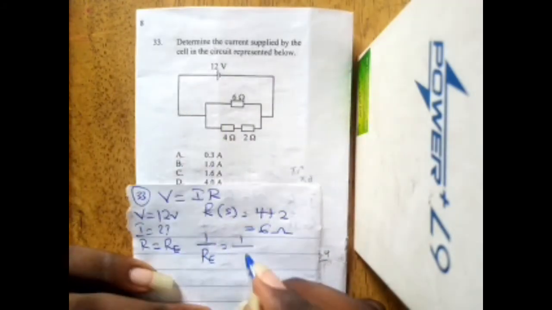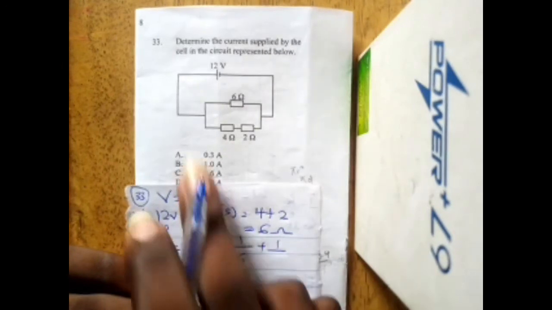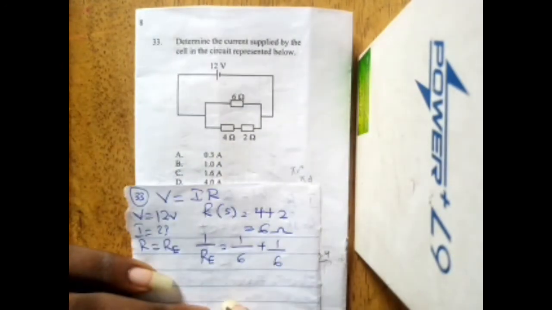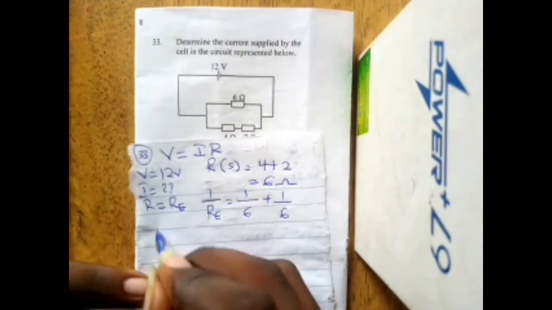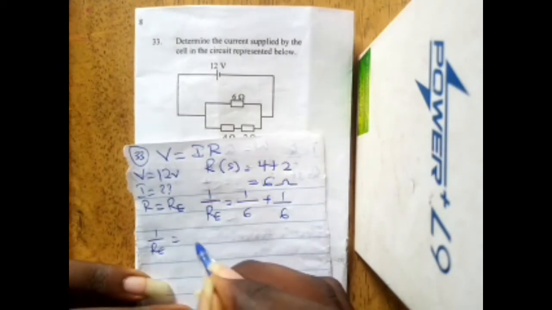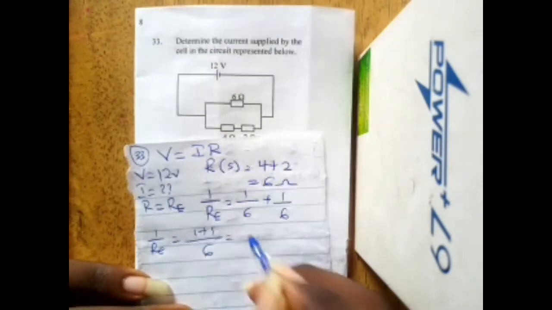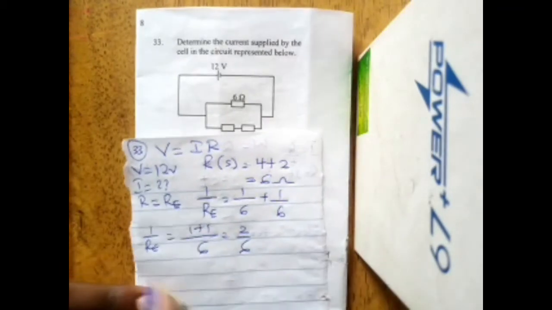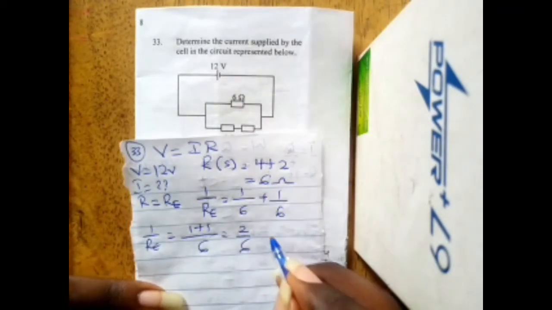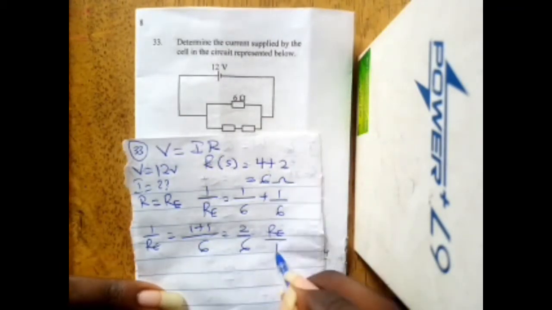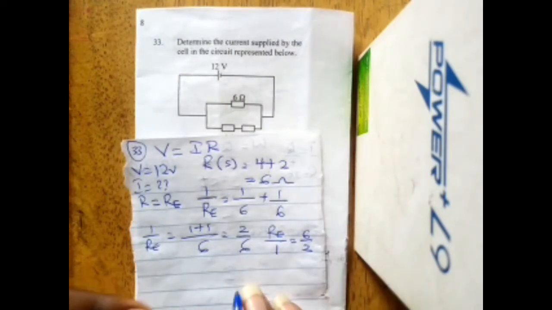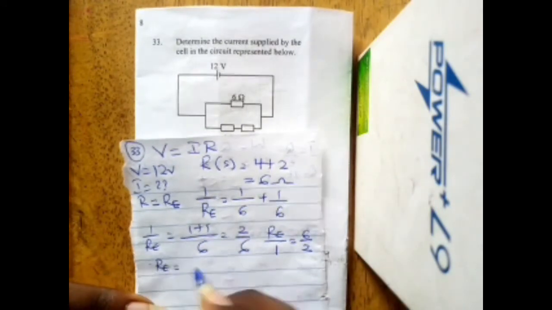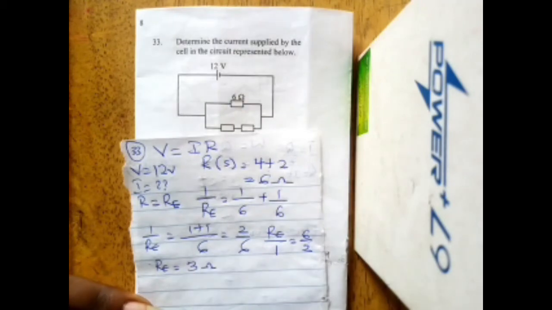So my R1 is 6, my R2 is 6. That gives me 1 over RE equals 1 plus 1 over 6, which is 2 over 6. So RE over 1 is equals to 6 over 2. So our effective resistance is equals to 3 ohms.